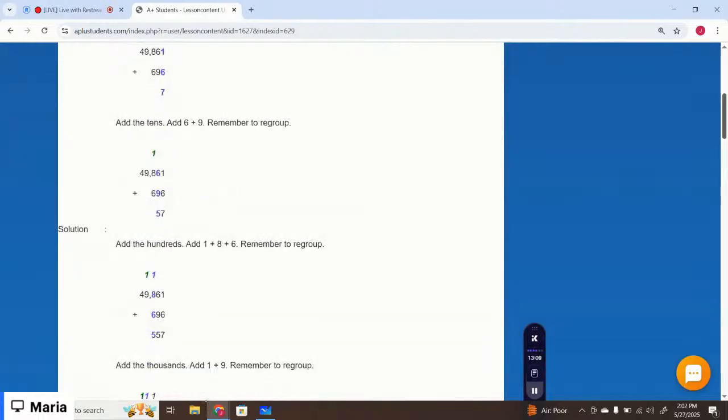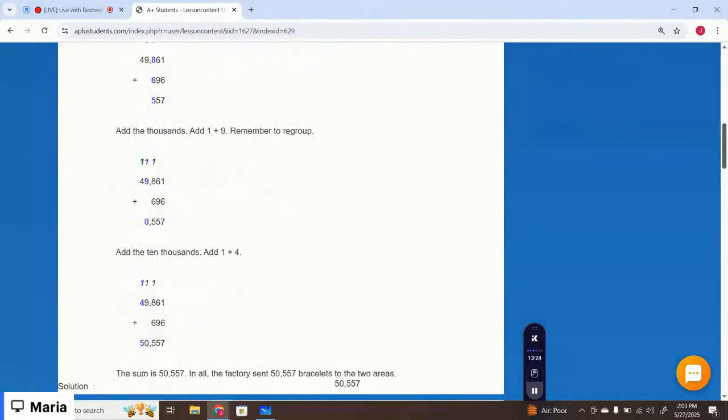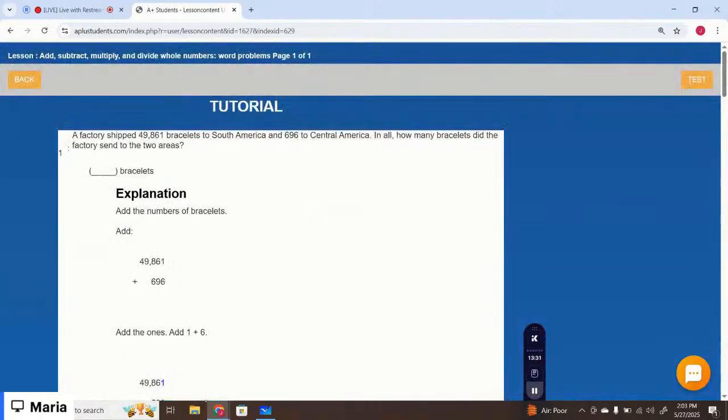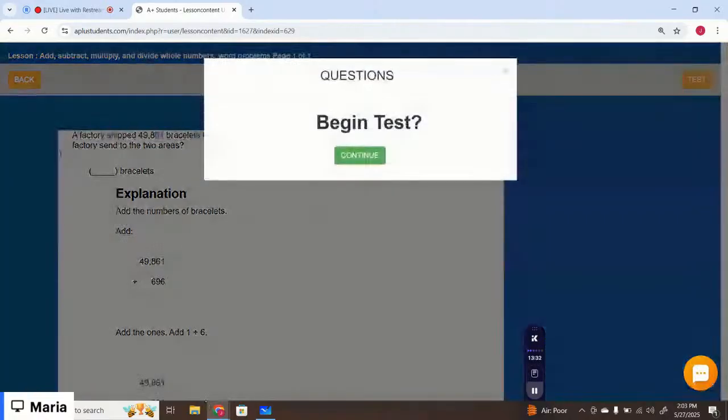Write 5 and carry 1. So 9 plus 1 is 10. Write 0 and carry 1. 4 plus 1 is 5. So the sum is 50,512. Let's just start with the test questions.